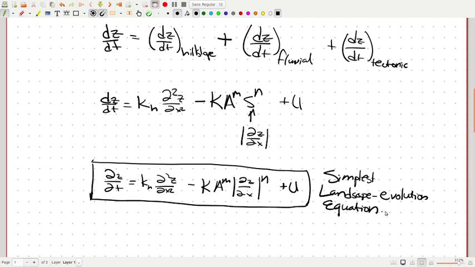This is the core equation that's written into computer models in geomorphology. So from this equation, if you write this equation in two dimensions, for example, you can then create a full landscape evolution model that has dynamic drainage basins and channels and hill slopes.